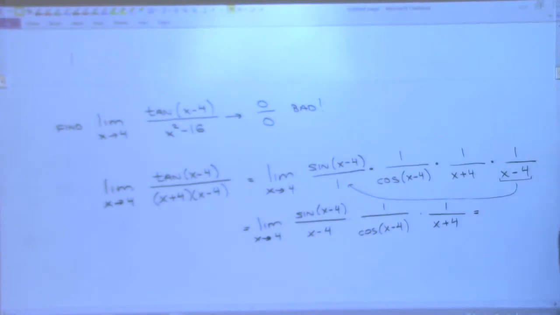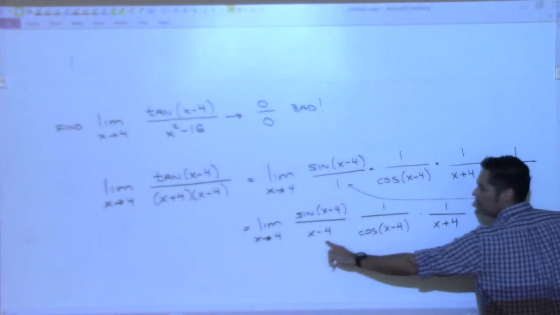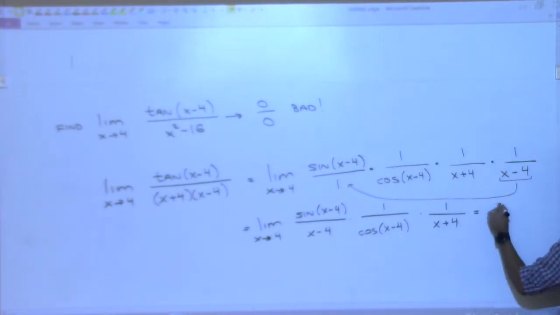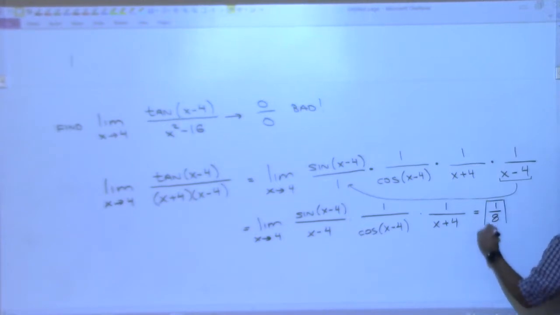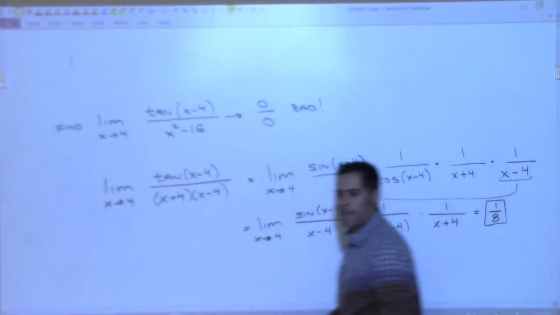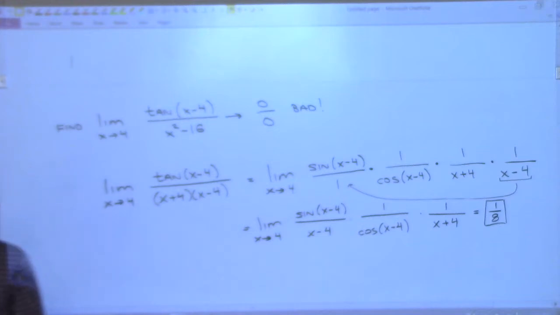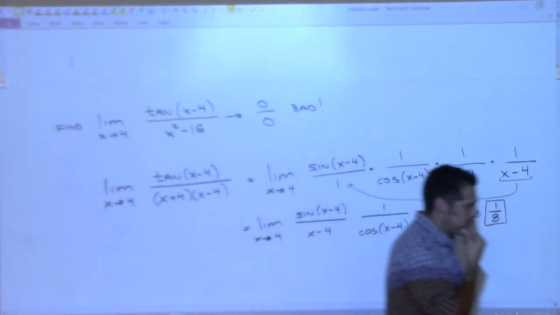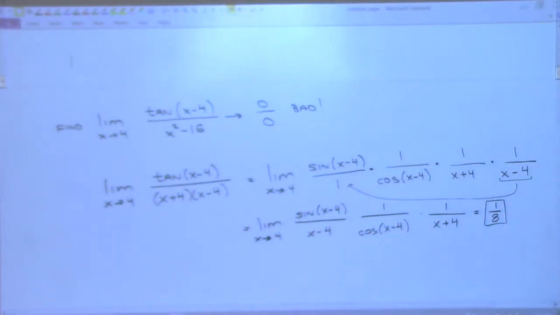If I take the limit now, right? This is going where? 1, 1, 1/8. 1/8. All right, I think maybe, let me see what the book has for you for this.